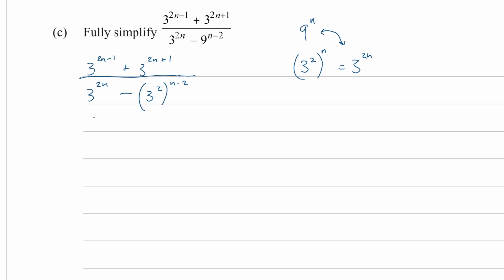So let's do that next. Everything else stays the same. So 3 to the power of 2 times n, and 2 times minus 2, minus 4. So this is looking a little better.